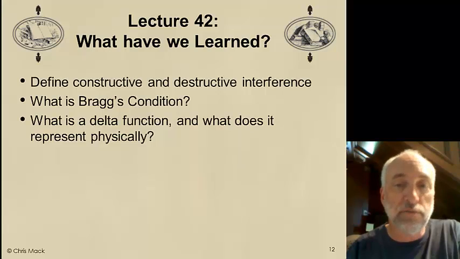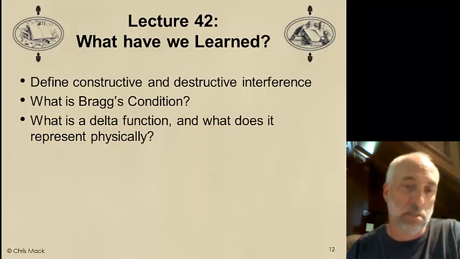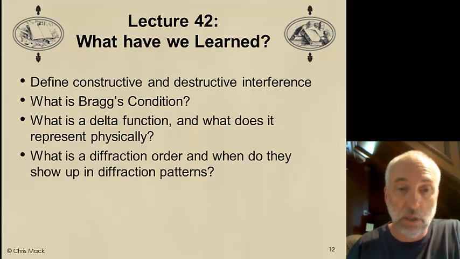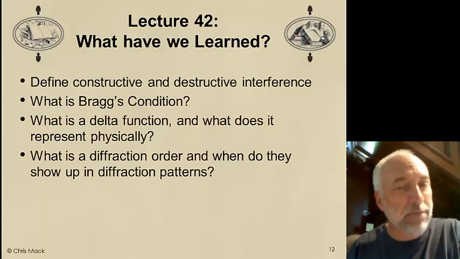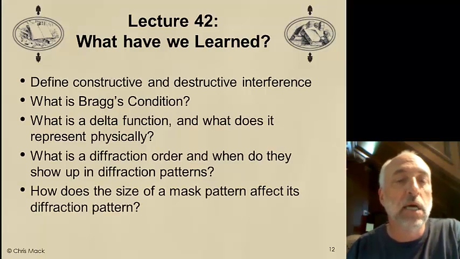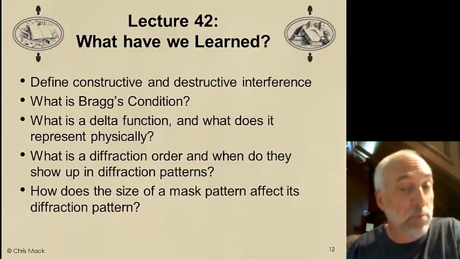What is a delta function? And what does it represent physically in the case of optics? What is a diffraction order? And when do they show up in diffraction patterns? And finally, how does the size of a mask pattern affect its diffraction pattern?